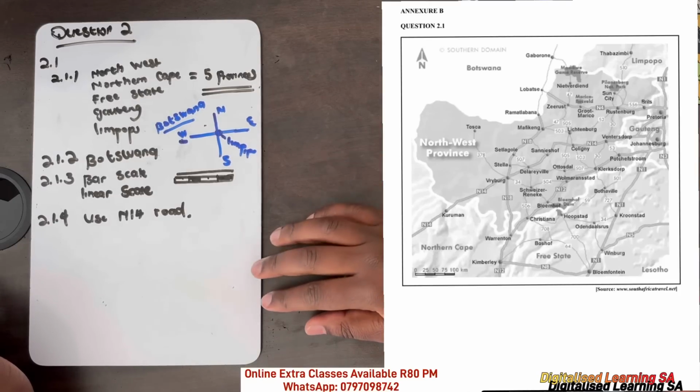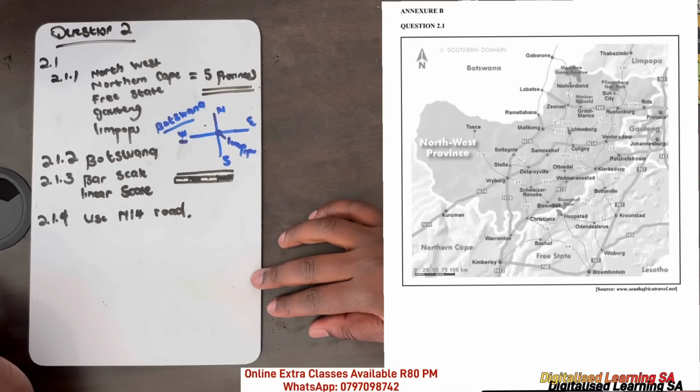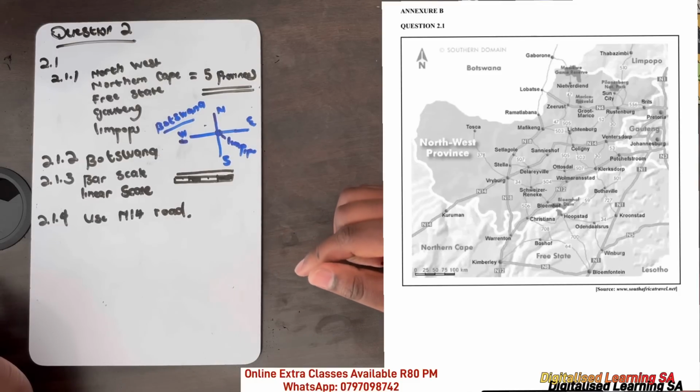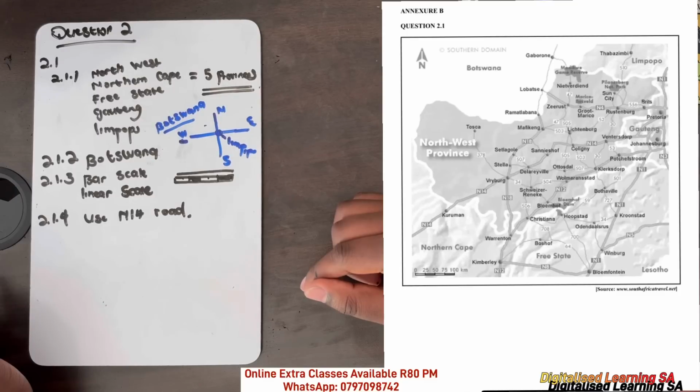Okay, and if we look again on our N14, we can see that there are 4 towns that are located on the road, meaning that she needs to make sure that she passes those 4 towns. So there's Delareyville, I think, and then there's Sannieshof, and then there's Coligny, and then there's Ventersdorp.